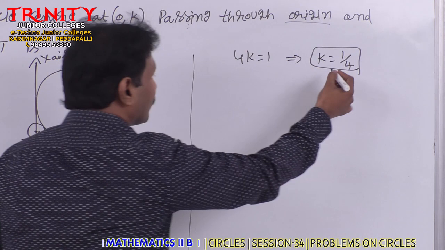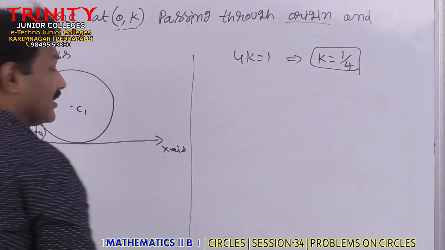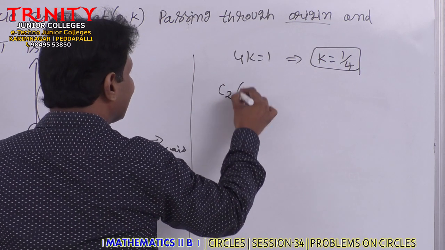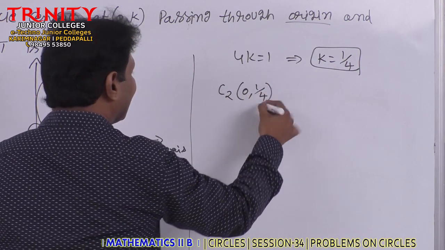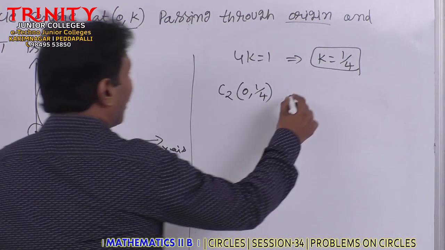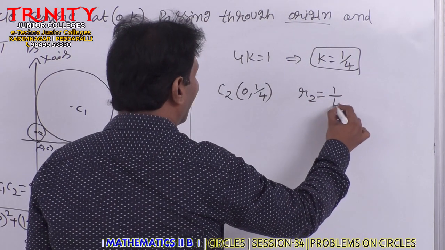Therefore, the value of k is 1 by 4. The center becomes C2 (0, 1 by 4). The center of the circle T is (0, 1 by 4) and the radius R2 equals k, that equals 1 by 4.